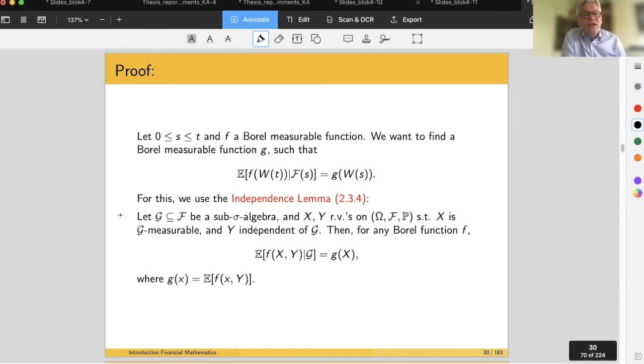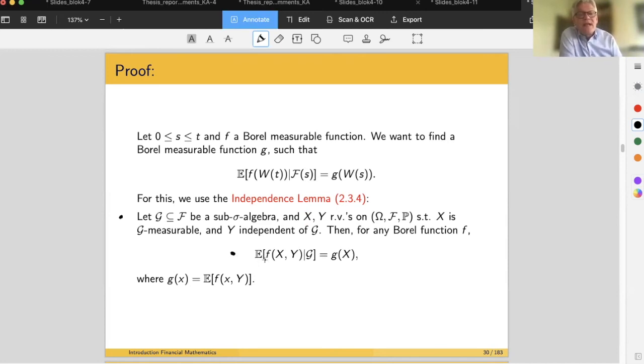Let G be a sub-sigma algebra contained in F. We will first discuss this for two random variables, capital X and capital Y, on the probability space (Omega, F, P), such that X is G measurable and Y is independent of G. Then for any Borel function f, we have the following property of this conditional expectation.